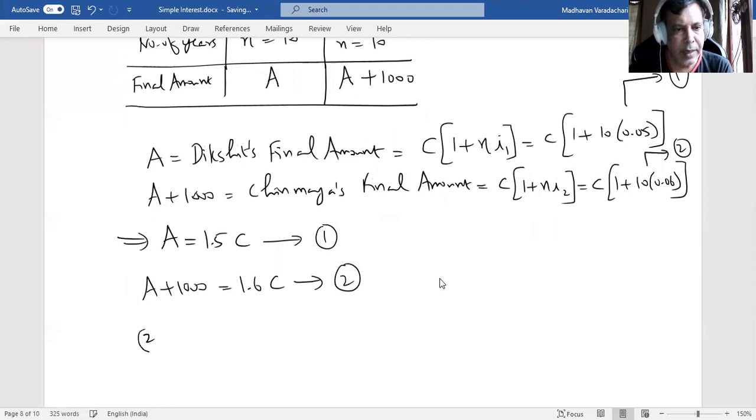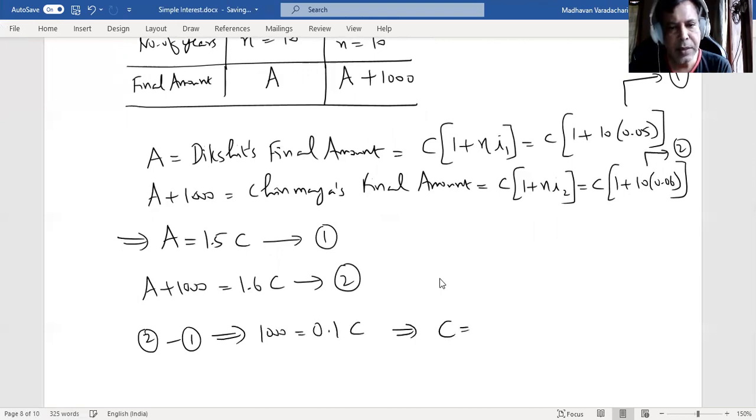Now subtract second equation minus first equation. A and A will get cancelled. 1000 minus 0 will be 1000. 1.6 minus 1.5 is 0.1 times C. That means C is 1000 divided by 0.1, which gives us rupees 10,000.